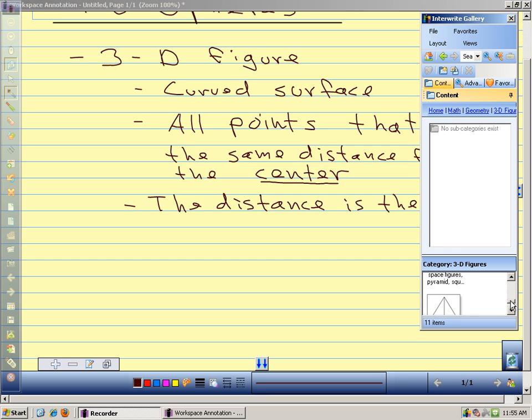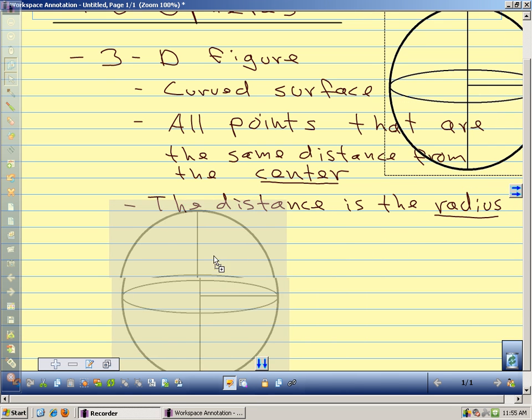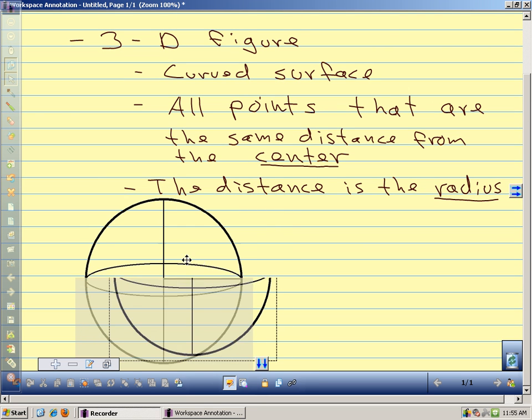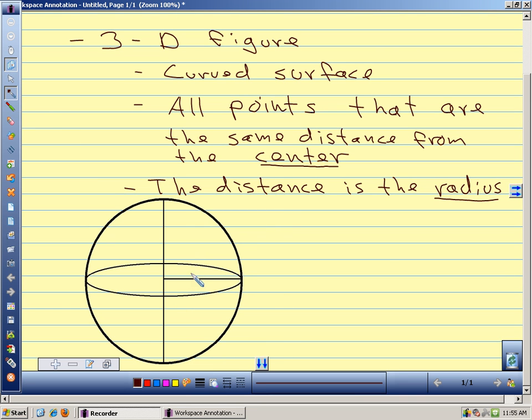All right. There's our sphere. So we'll label this R. This is our radius.